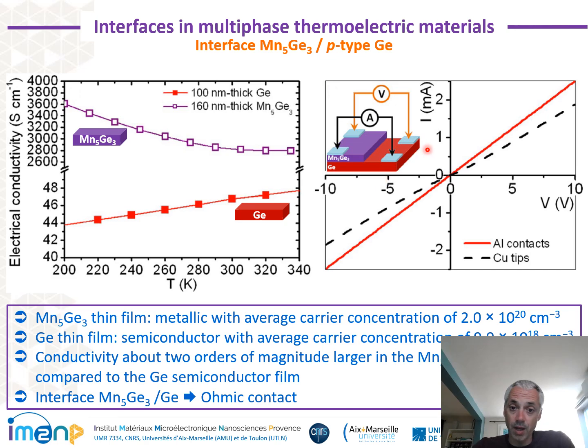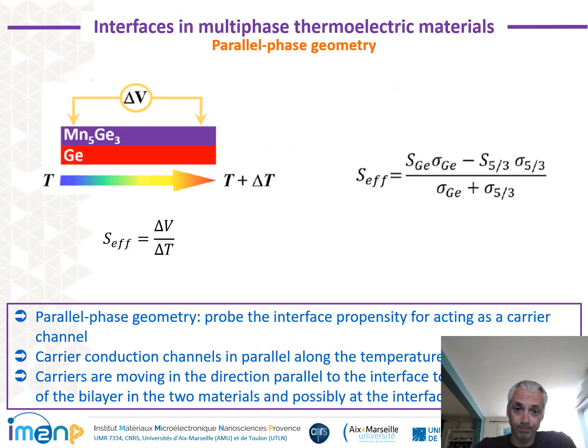We also measured the IV curve for this contact between Mn5Ge3 and germanium, and we see that the current follows a linear law versus the voltage, which means that this interface corresponds to an ohmic contact.